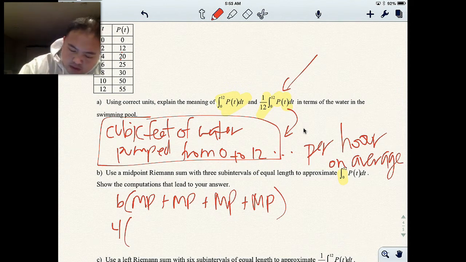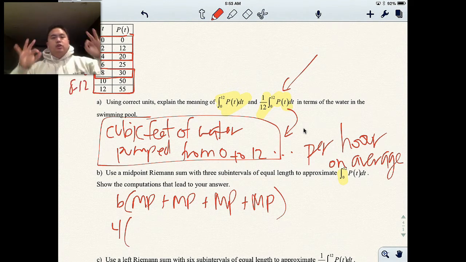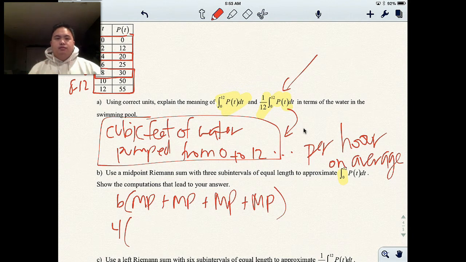So here's rectangle 1, here's rectangle 2, and here's rectangle 3. Basically 0 to 4, 4 to 8, 8 to 12. I'm splitting it up into 3 rectangles with a base of 4.